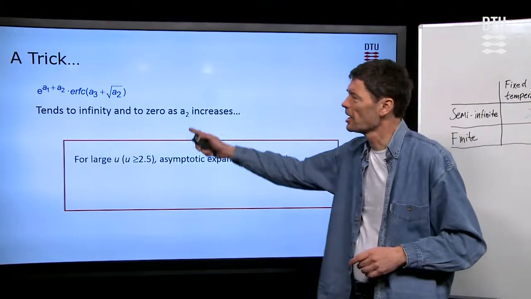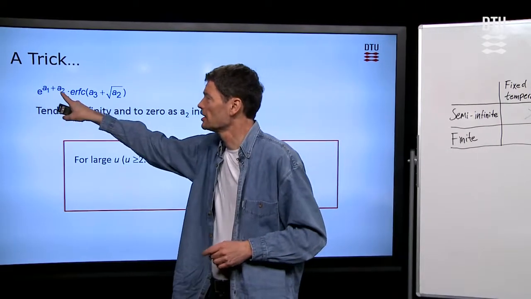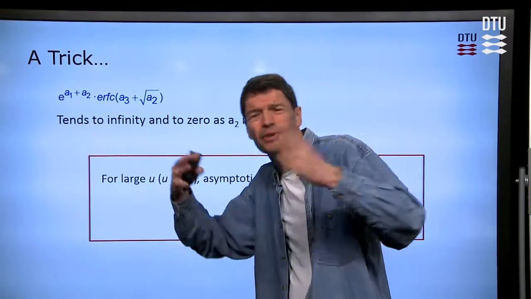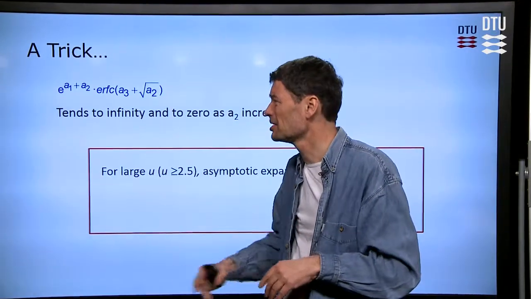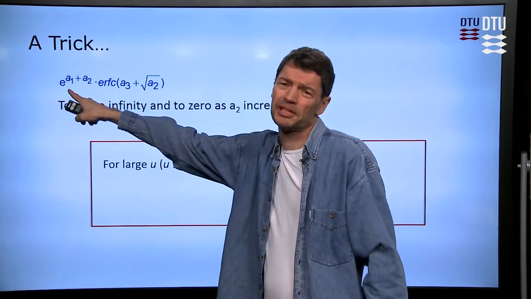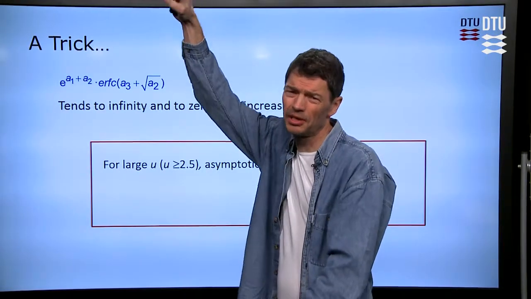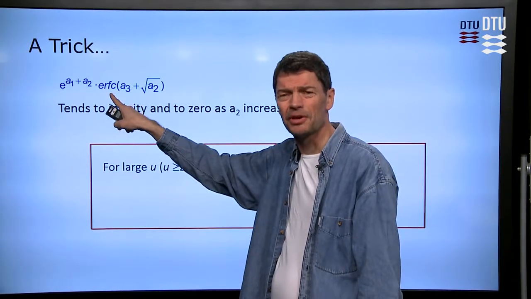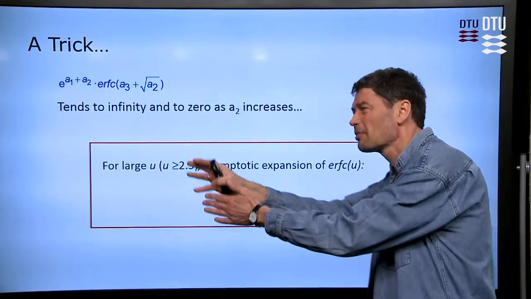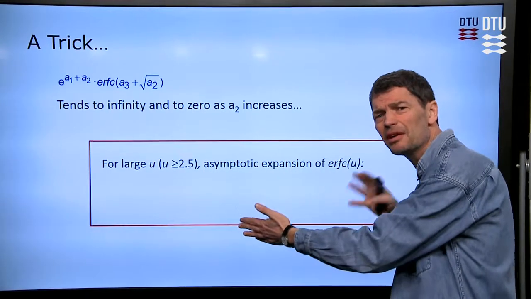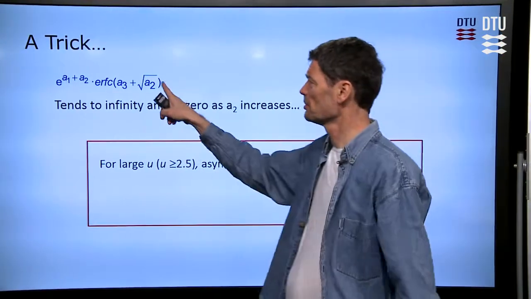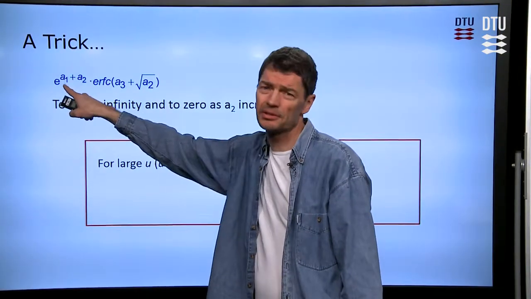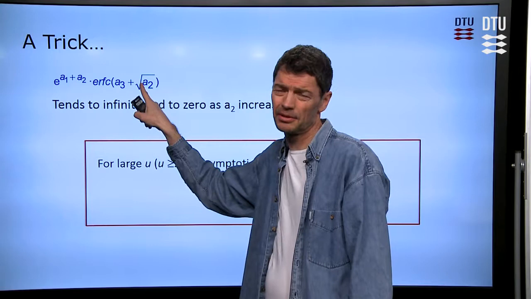When we calculate this, we have an exponential, and if, for instance, say A2, depending on that time and location where we are, for large values of some of those variables, the exponential as we take may tend very easily to infinity or become a very large number. But also when we take the complementary error function, for large arguments, that was the function that tended very close to 0. So in principle, for large arguments, we may risk multiplying something which is close to infinity with something that's close to 0.